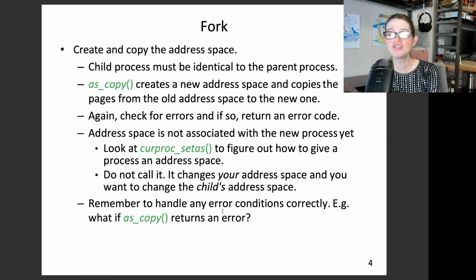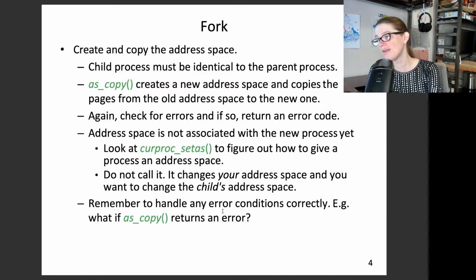Now, some people do this in a single step with as_copy. Some people actually separate as_copy from assigning the address space. That's up to you. But do be careful because there can be synchronization issues here, and while you are setting the address space of a process, you should probably have a lock on that process so no other changes can happen to it.